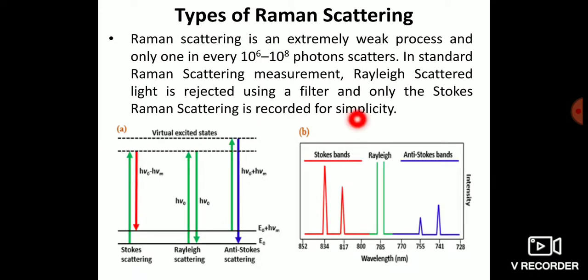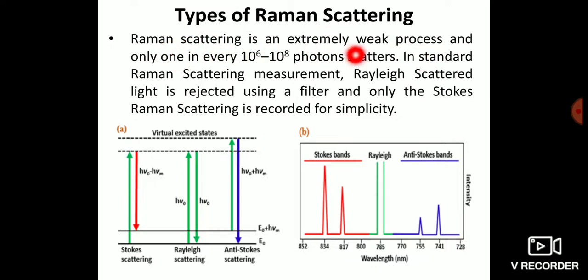Right, when we are discussing types of Raman scattering, we must understand that Raman scattering is an extremely weak process. As we have discussed, only a very small portion of the scattered light represents Raman scattering. Almost all the scattered light is Rayleigh scattering, or elastic scattering.